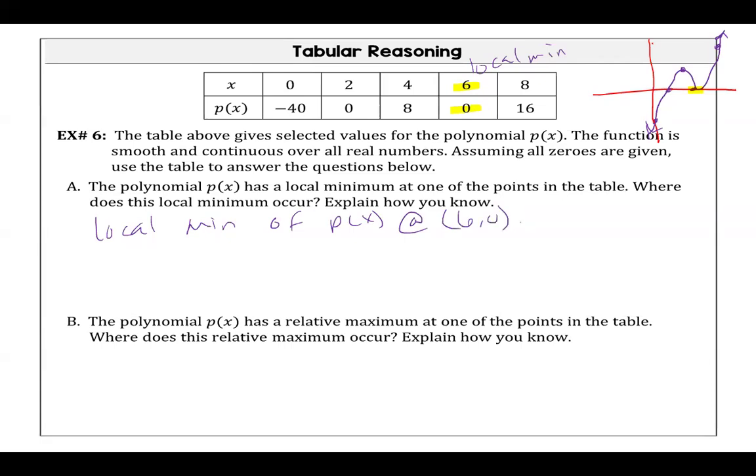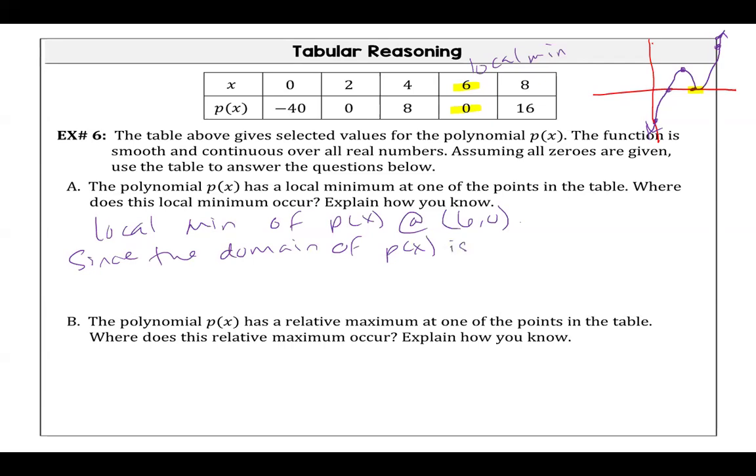How do I know that? Well, one, what's the domain of this? I'm going forever to the left and right, guys. There we go, all real numbers.